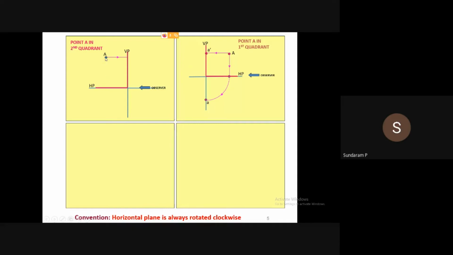Suppose I consider the distance above the horizontal plane as x, and the distance behind as y. So there is a point, and we get the point above by some distance in the front view. That is nothing but the x distance, and we get a dash. The y distance is the in front of distance.